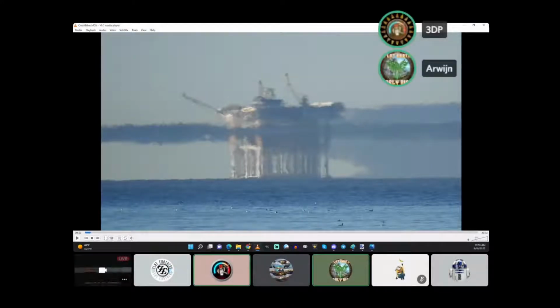Right. So what I'm seeing here is a very complicated situation, but it's very clear to me immediately that the horizon is way in the back, and what you're seeing below that is basically a reflection.